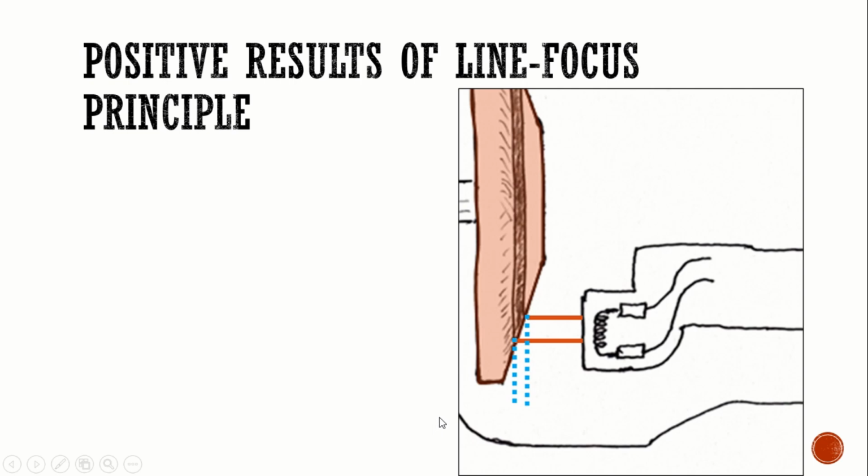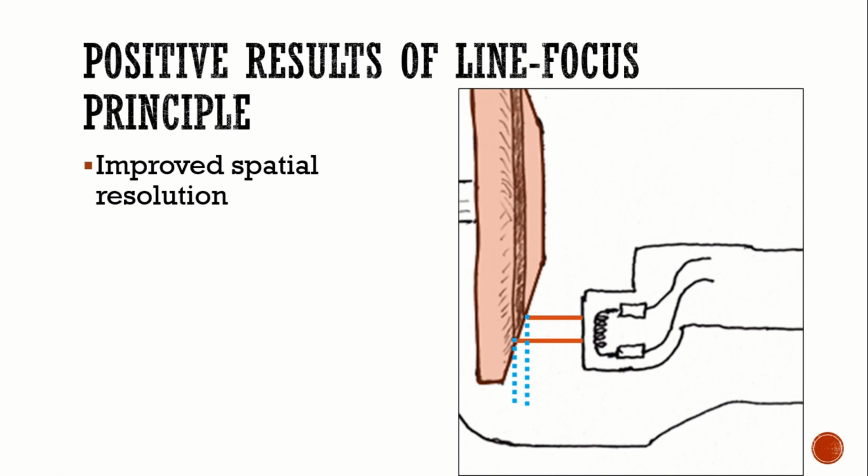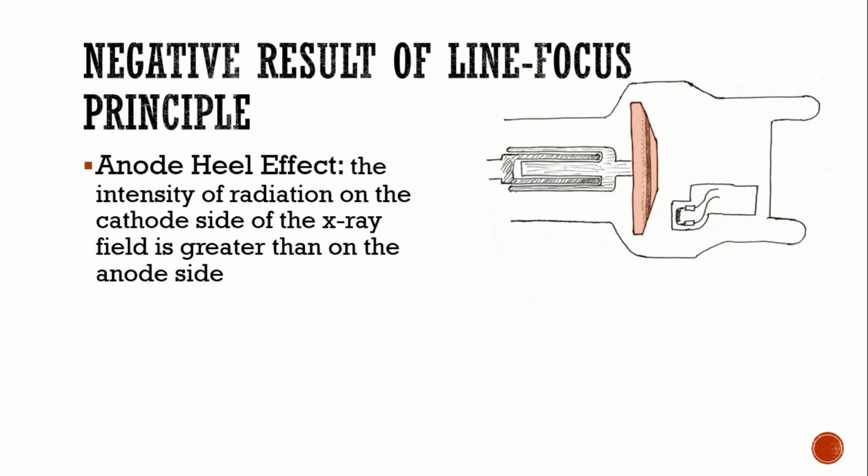So what are the positive results of line focus principle? Number 1, it improves spatial resolution. And at the same time, it results in increased heat capacity. While the negative result of your line focus principle is the anode heel effect.